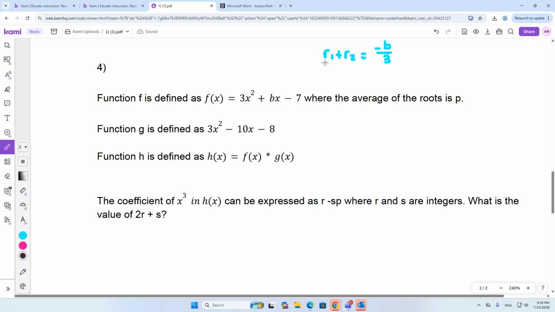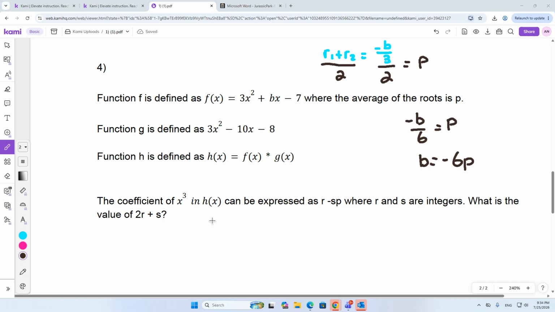So I do this, right? Divide by 2, divide by 2, and that's going to equal p. So negative b over 6 equals p. So b equals negative 6p, right? So conceptual question, okay? And then the roots here, guys, we can just easily factor this out, right?